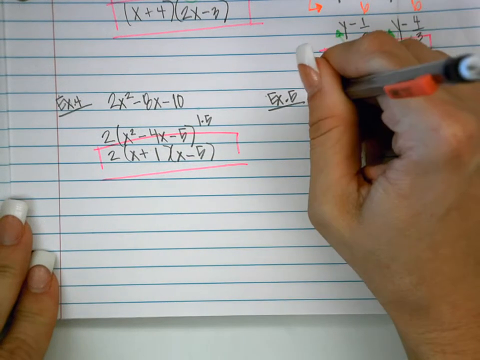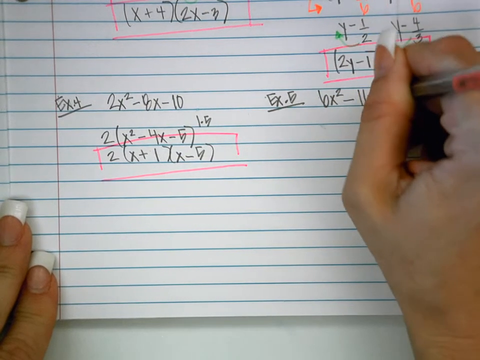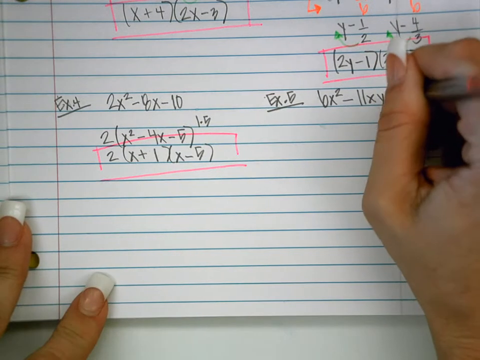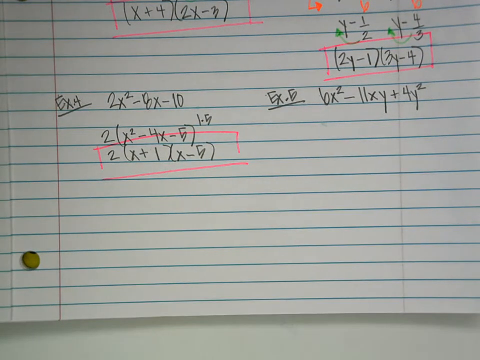I would like you to try 6x squared minus 11xy plus 4y squared. 6x squared minus 11xy plus 4y squared. Is there GCF on this?